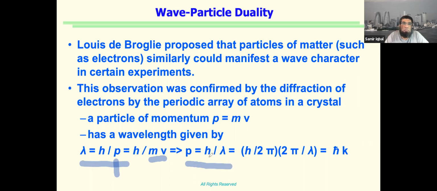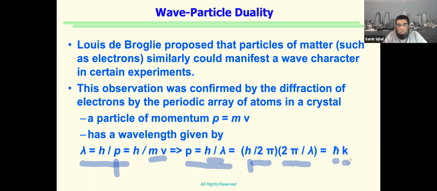Now, if you multiply and divide this expression by 2 pi, h over 2 pi, where h is Planck's constant, h over 2 pi is what we call h bar, Planck's constant divided by 2 pi. And this side is what we call k. K space is something we talked about in the micro lecture in the last module, which is basically the frequency domain, frequency space.